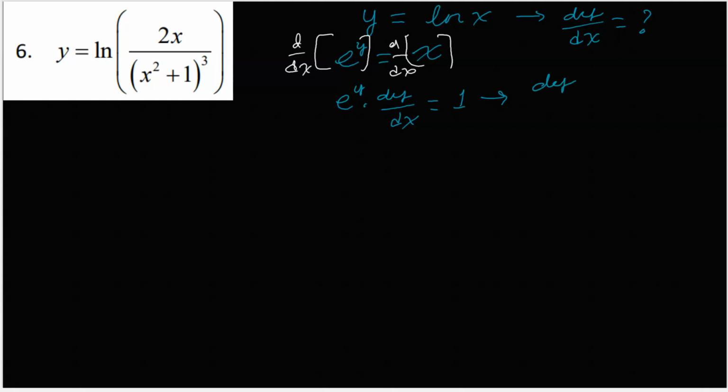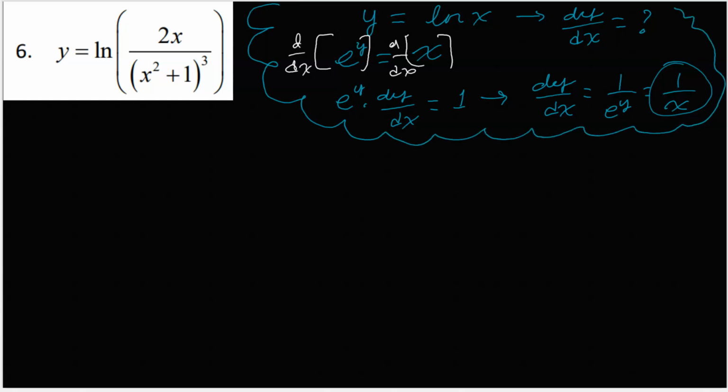So dy dx is equal to 1 over e to the y, and e to the y power is x, so it is 1 over x. So the derivative of ln of x is 1 over x. Okay, so that is the implicit differentiation concept here.